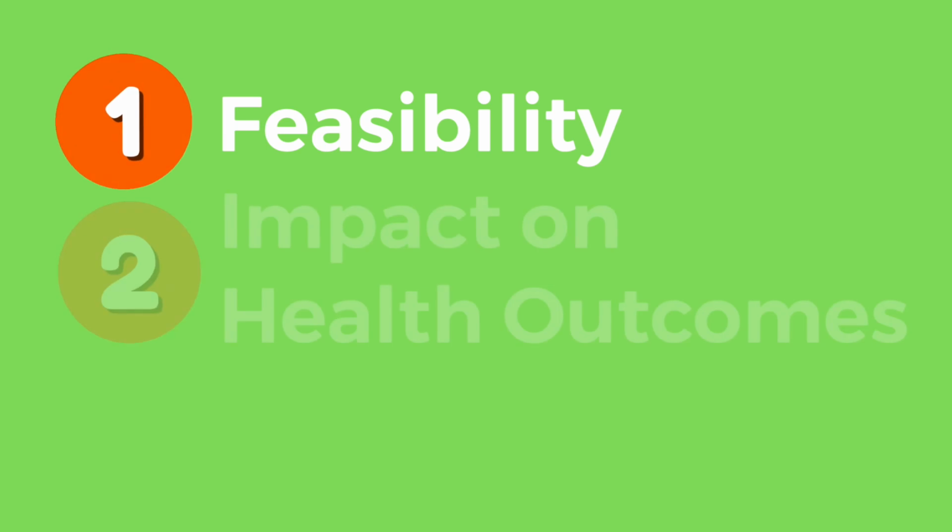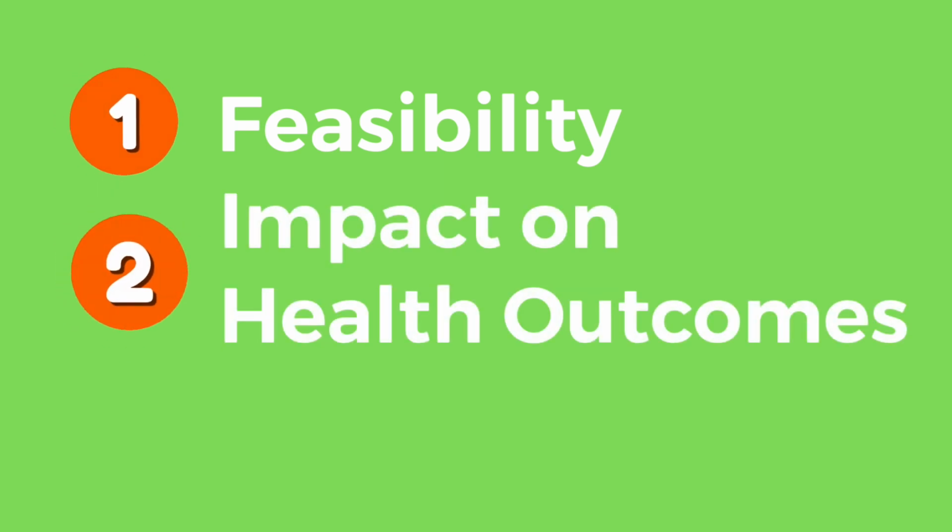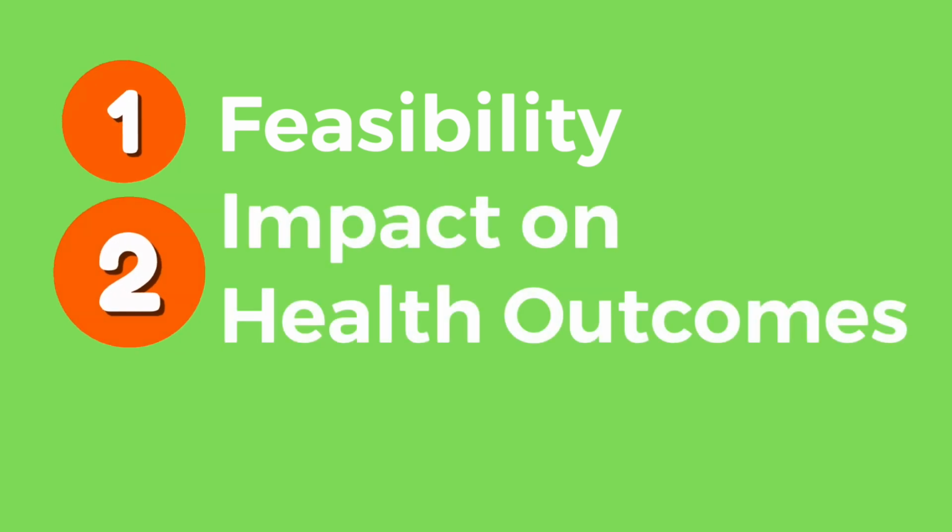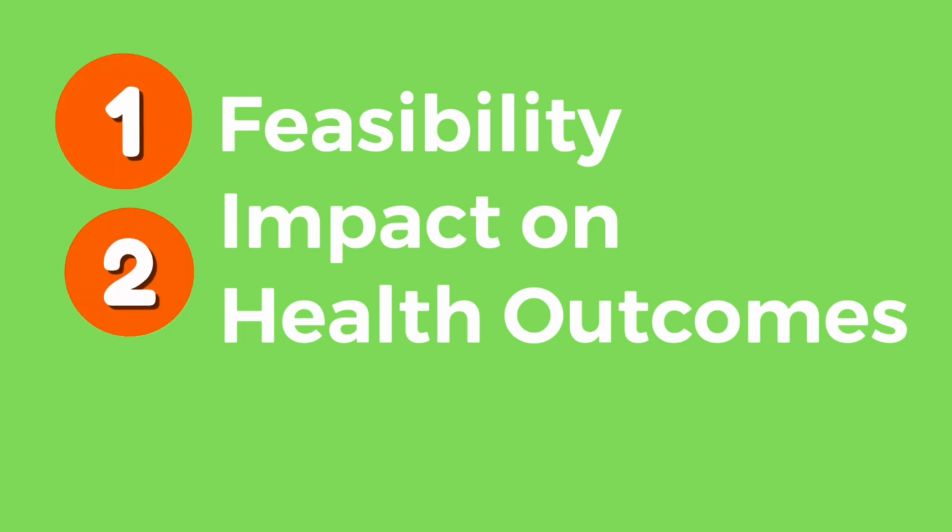Feasibility. Is this a project that can be done within the budget we have? There might be a need for a project, but if it costs $20 million, right, it may not be feasible for this project. Impact on health outcomes. Again, this is a project through the health equity zones, and so we want to make sure that there is a positive impact on health outcomes through the projects that are going to be on the PB ballot.